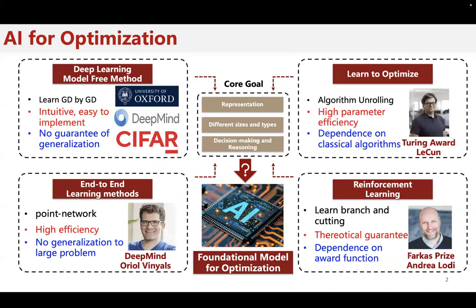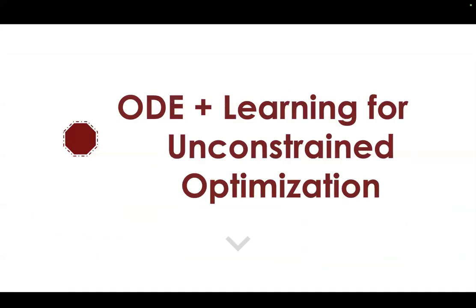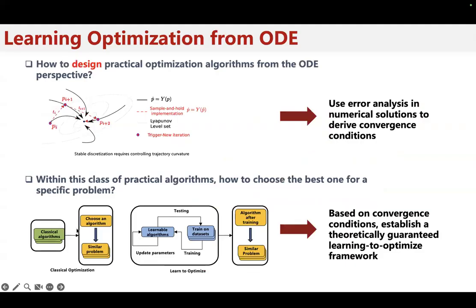Let me start from unconstrained optimization. Traditionally, how do we solve a given optimization problem? There are many types of problems. For example, unconstrained problems. Even unconstrained, we have quadratic optimization or non-smooth optimization, and we have linear programming, quadratic programming.